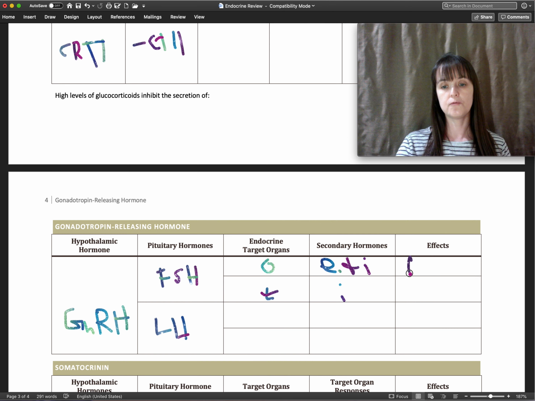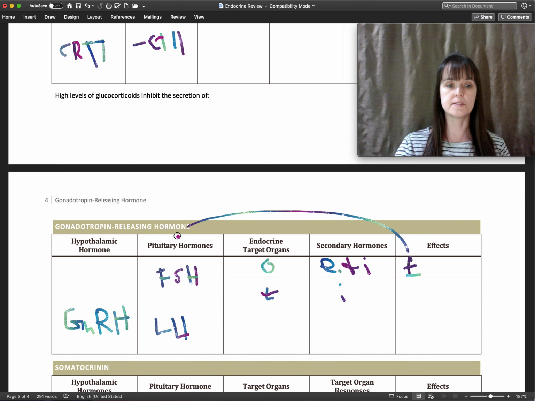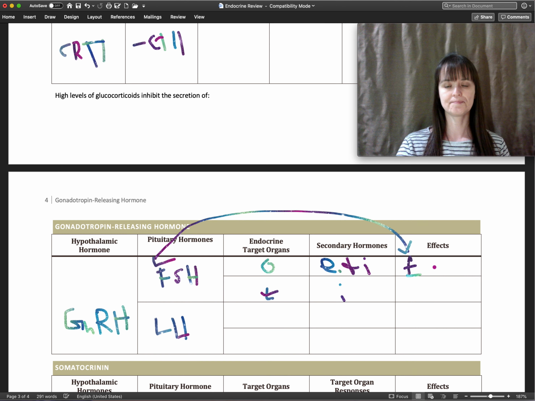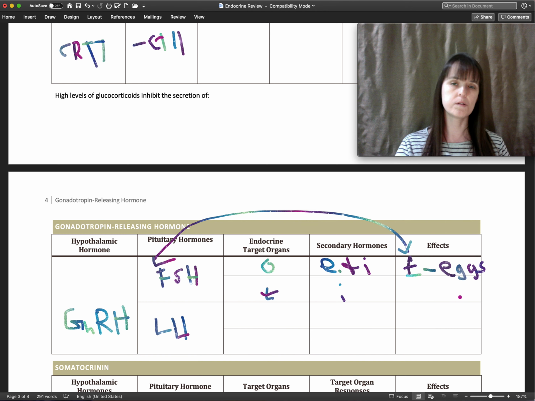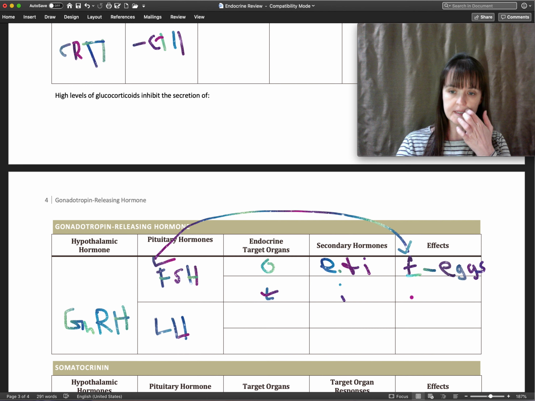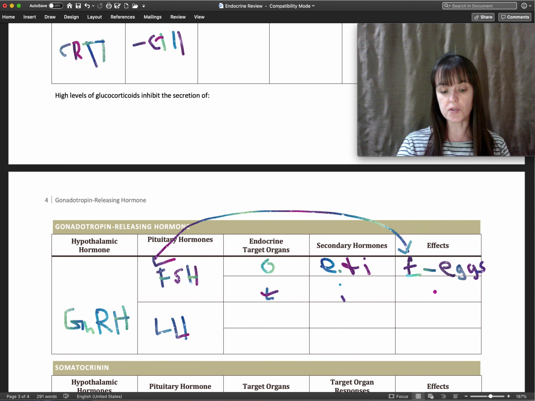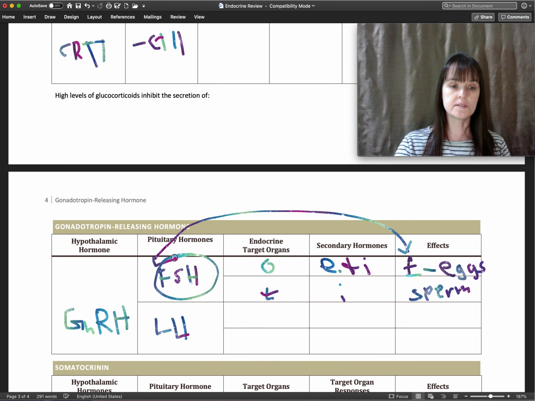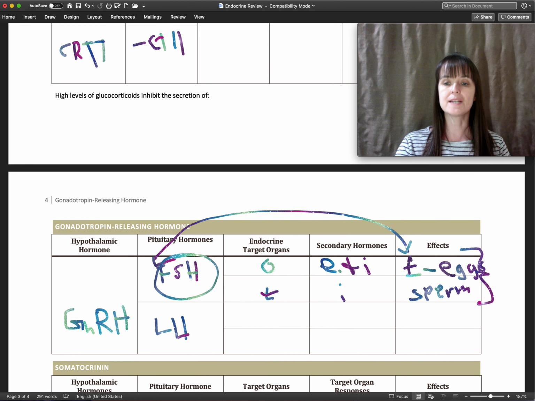So follicle stimulating hormone causes the development of a follicle. And the follicles make eggs, oocytes. And in the testes, they support the nurse cells, which make sperm. So follicle stimulating hormone makes gametes, eggs and sperm.